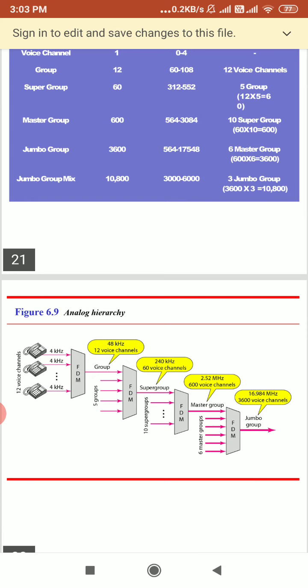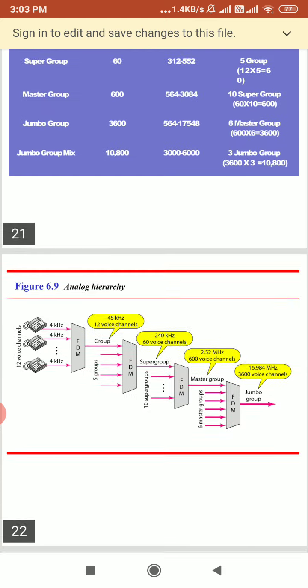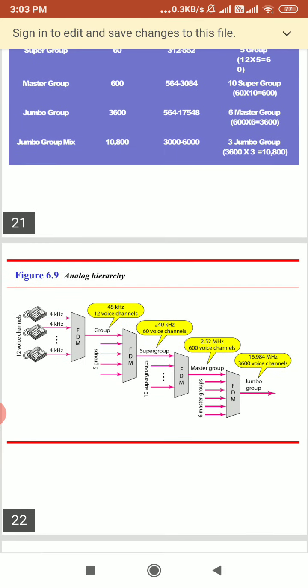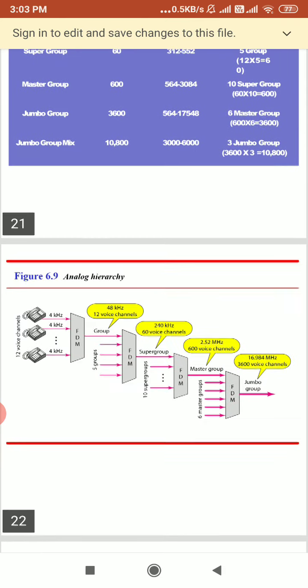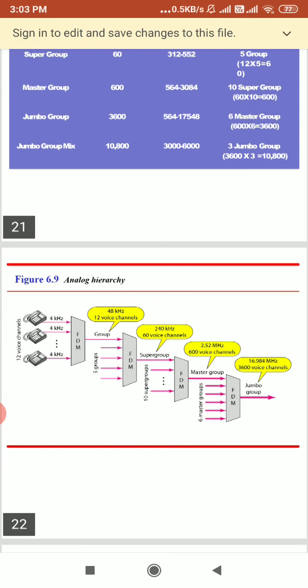So here these multiplexing have been adapted for digital communication. If you see the AT&T hierarchy, it will be used in America and Japan. We can say that hierarchy can be used in America and Japan.